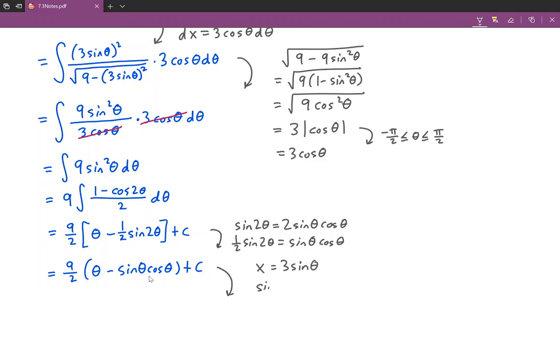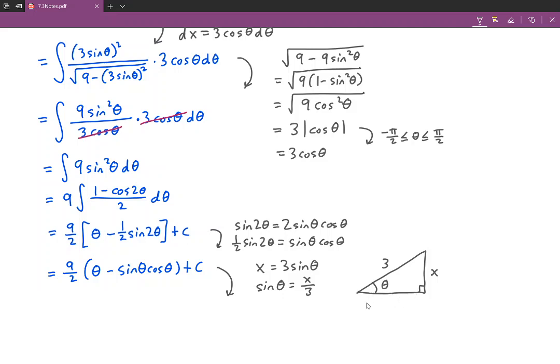So solving for sine theta, we get sine theta equals x over 3. So what we can do is draw a little triangle off to the side with the angle theta in it, such that sine of that angle theta is x over 3. So we'd have to have the opposite side as x and the hypotenuse is 3.